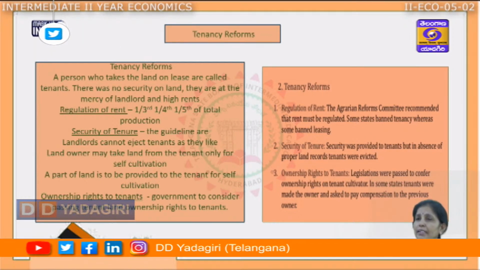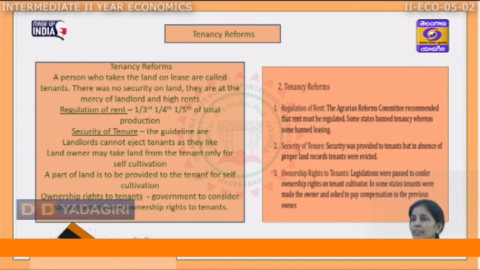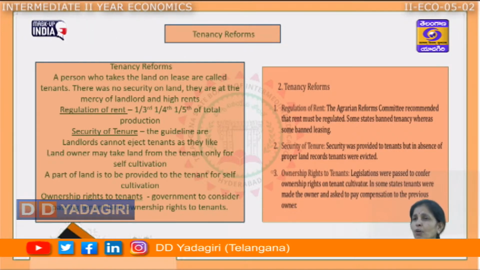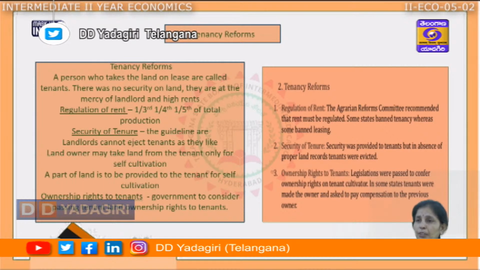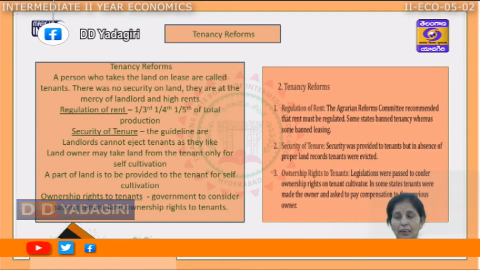After the tenancy reforms were implemented, they have regularized it and made it uniform within the state, and they have fixed a rent of not more than one third, or in certain places not more than 1/5 of the total produce. That is one thing that they have introduced after the tenancy reforms were implemented.